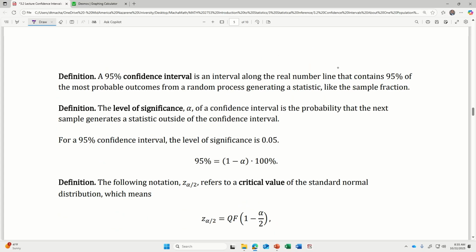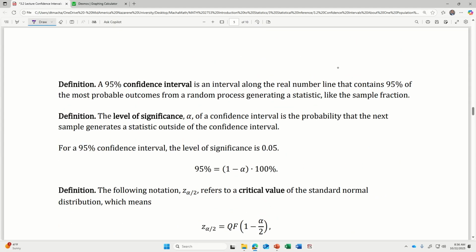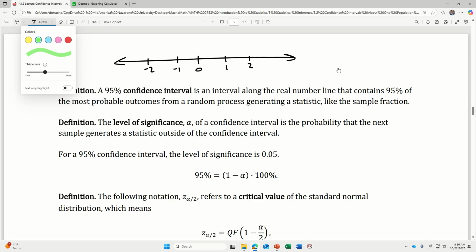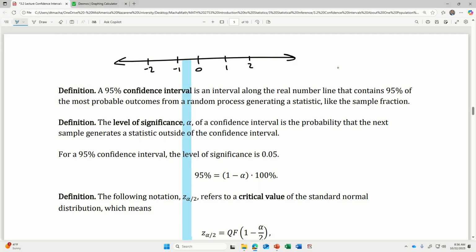So imagine some real number line. We're going to create an interval on it.